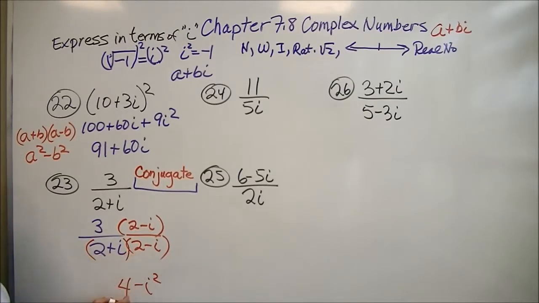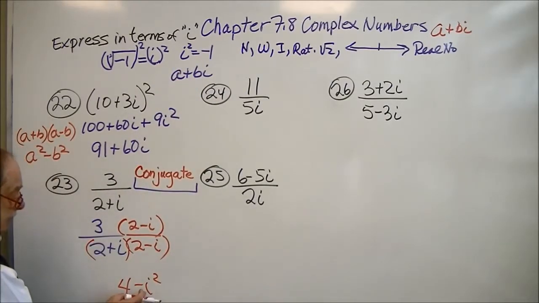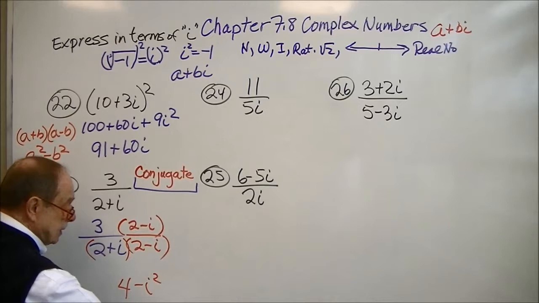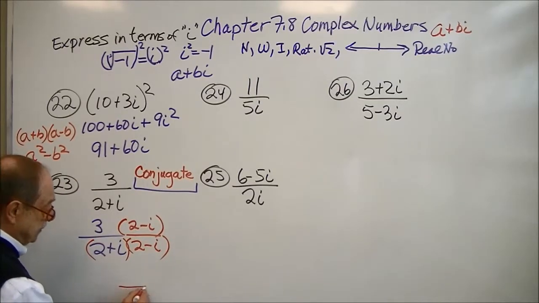So 2 times 2 is 4. A negative times a positive is a negative i squared. But what did we say i squared was? i squared is negative 1. So the opposite of a negative 1 is 5. So our denominator here is going to become a 5.